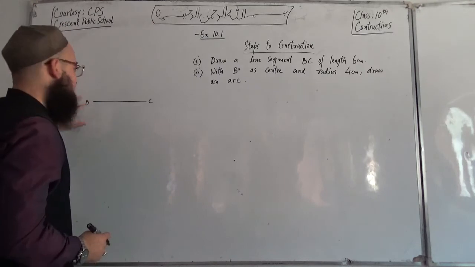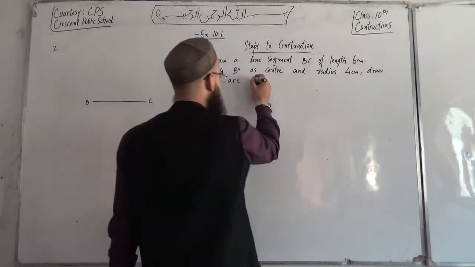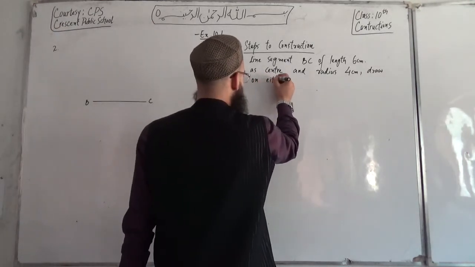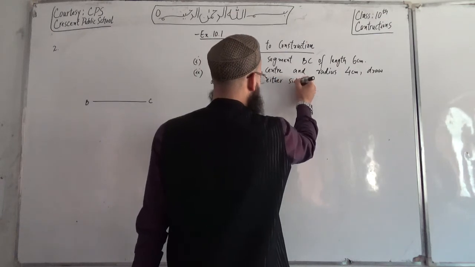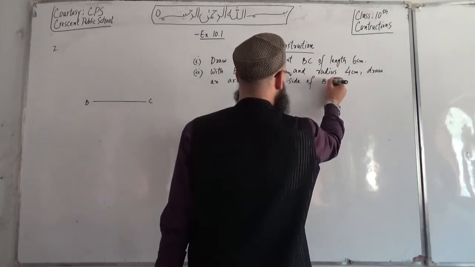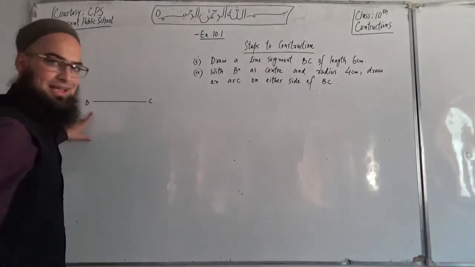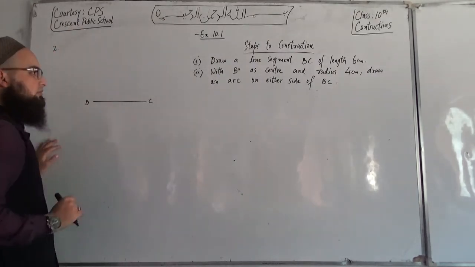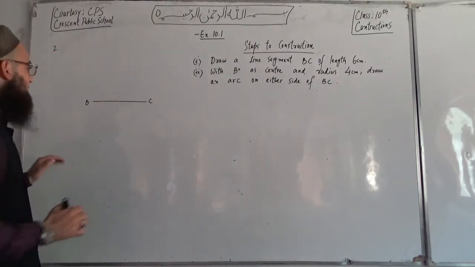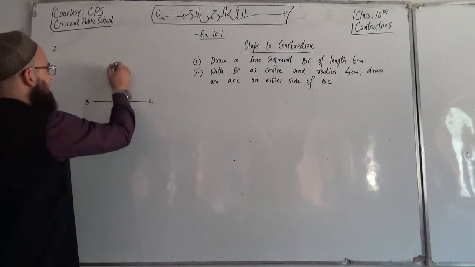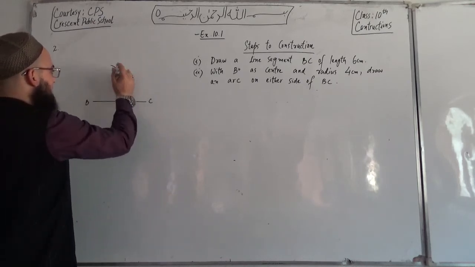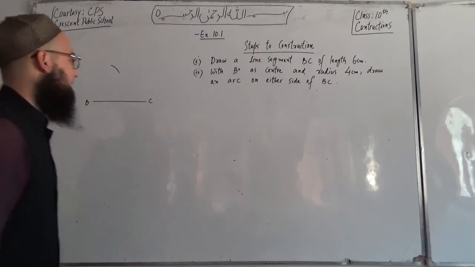So with B as center, draw an arc on either side of BC with radius 4 centimeter. So it goes like this. On either side, you can go here or here.